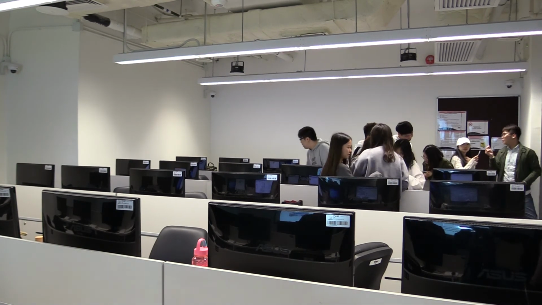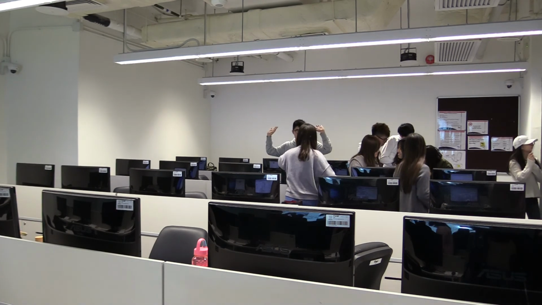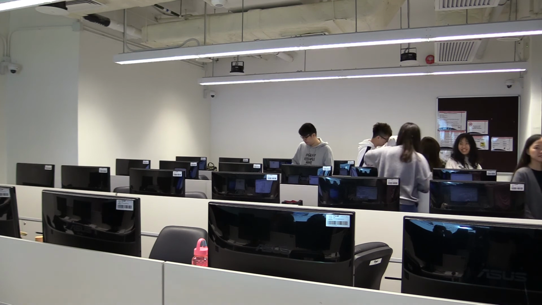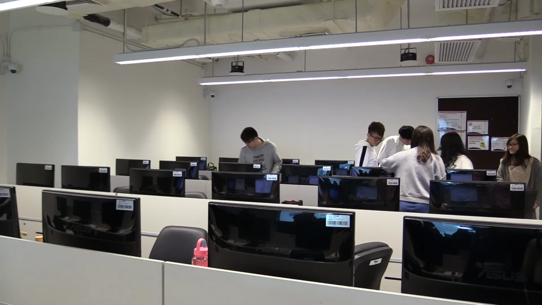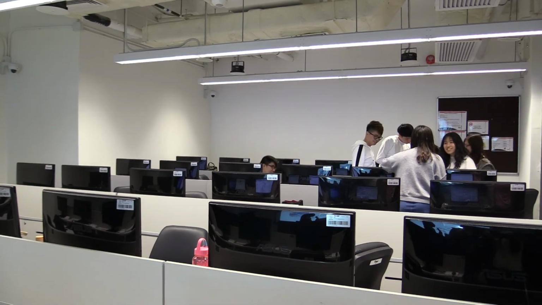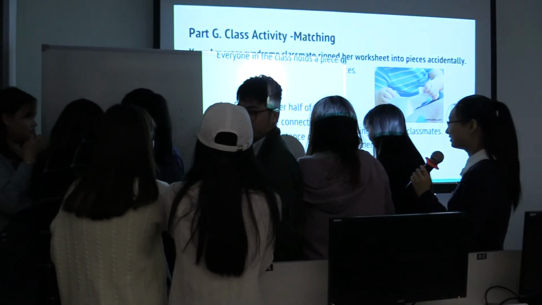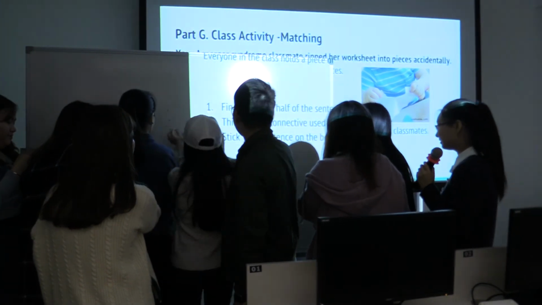Exactly the opposite, so it should be on the other hand. I've got my pair, that's good. You guys can put it on the board. So we are on the contrary, right? So yours is the first half and mine is the second.